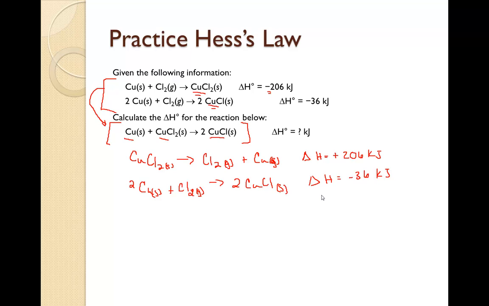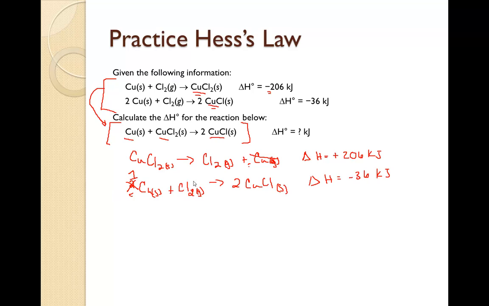Alright, so now we want to try to add these together to make it look like this. I said before that we had copper in 2 different places. We have 2 coppers here and 1 here. We can cancel those out, just like you were doing math questions back when you were in 4th grade, where you added 2 equations, like in algebra.